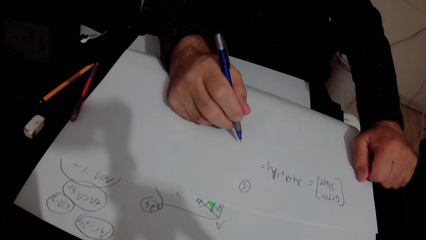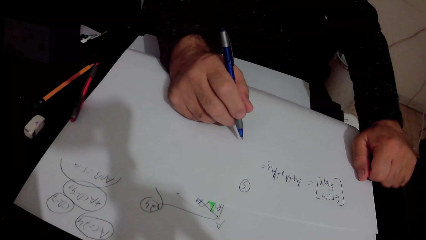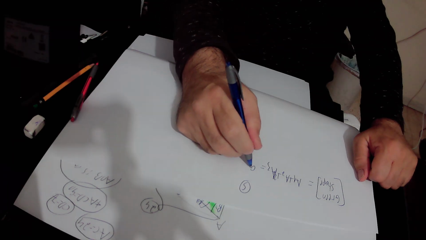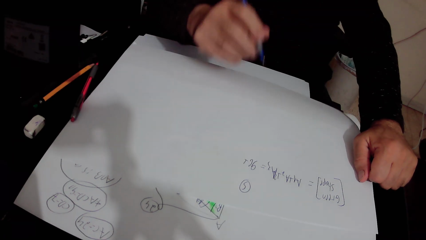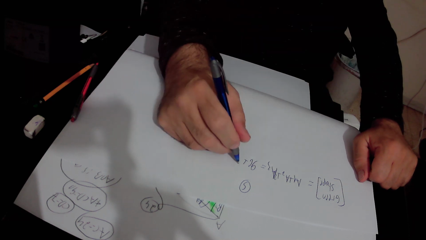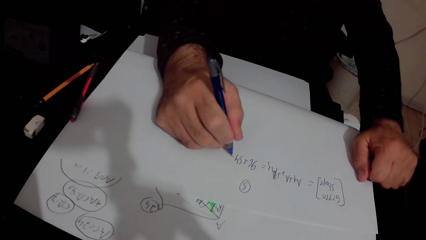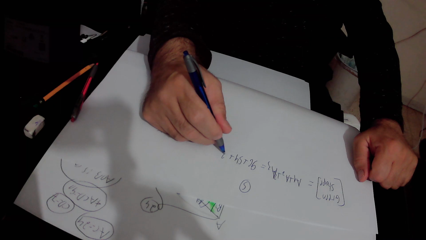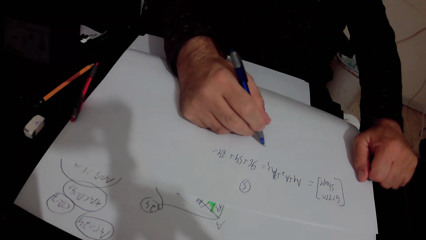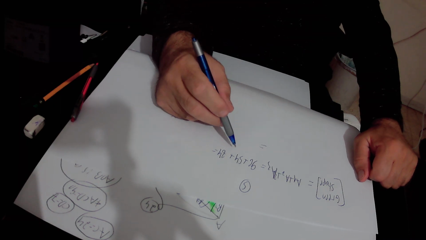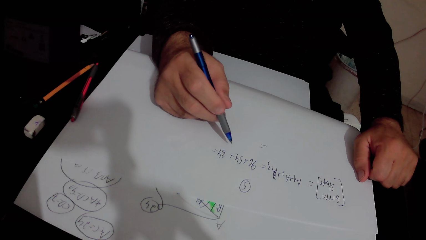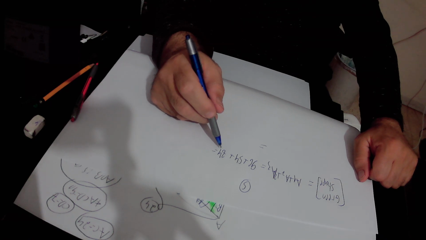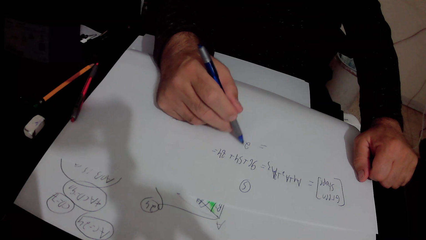A1 equals 96 square units plus A2 that equals 54 square units plus A3 that equals 84 square units. So 96 plus 54 is 150, and 150 plus 84 is 234.